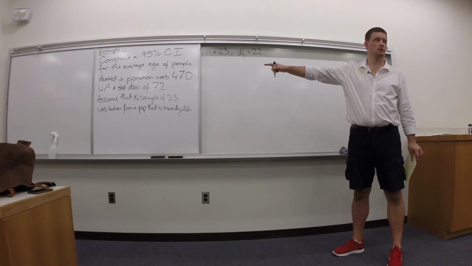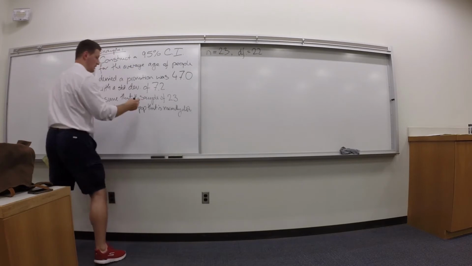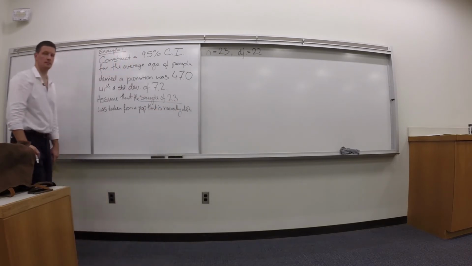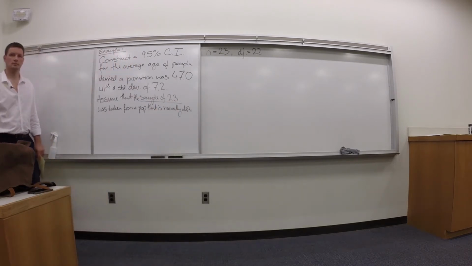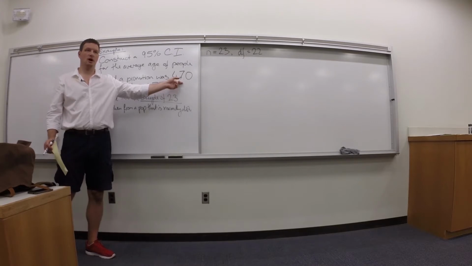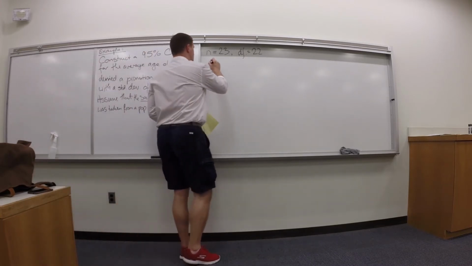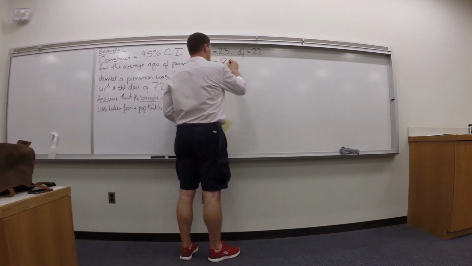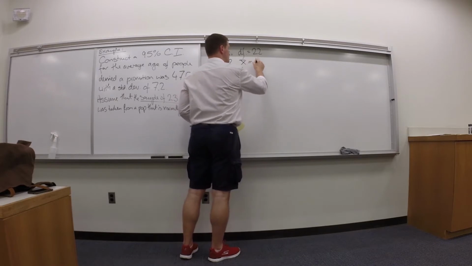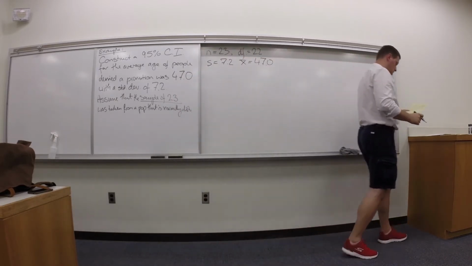It's a standard deviation of 7.2, right here. We're talking about a sample of 23 people. This is the average. That's the standard deviation. So we're talking S 7.2 and X bar at 47.0.